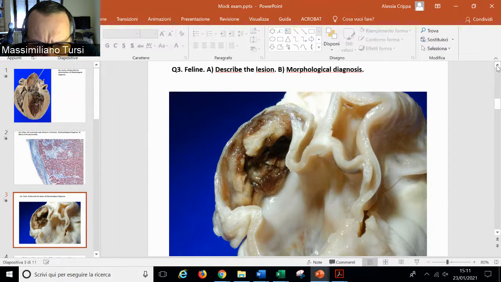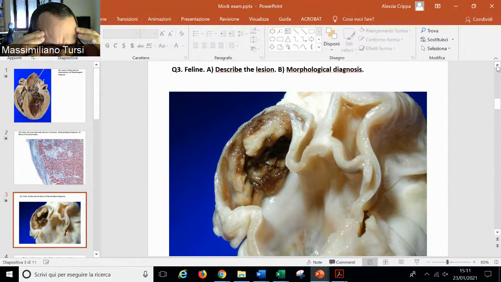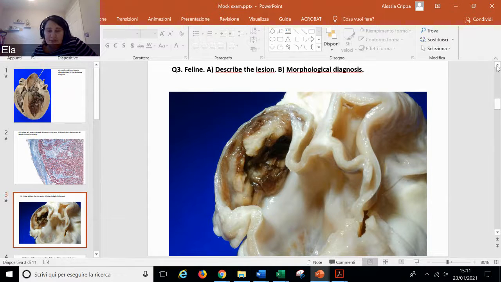Okay, and what about the auricle? What is your description? I see some brownish material within it. Sure. It's a cat, so a mass is unlikely, so more likely a thrombus, I guess. But what about the link with the wall? Yeah, I thought it was infiltrative, but it was a cat, which is very unlikely.